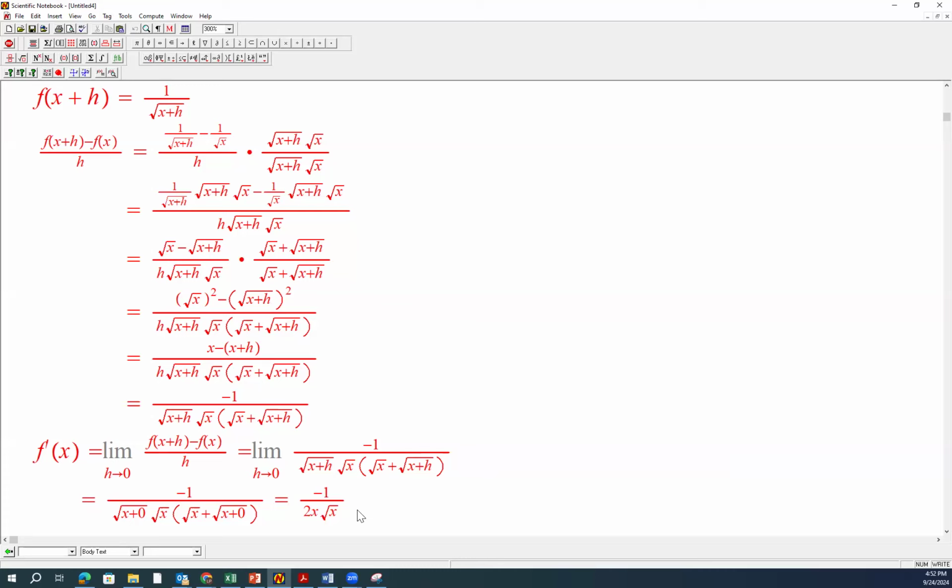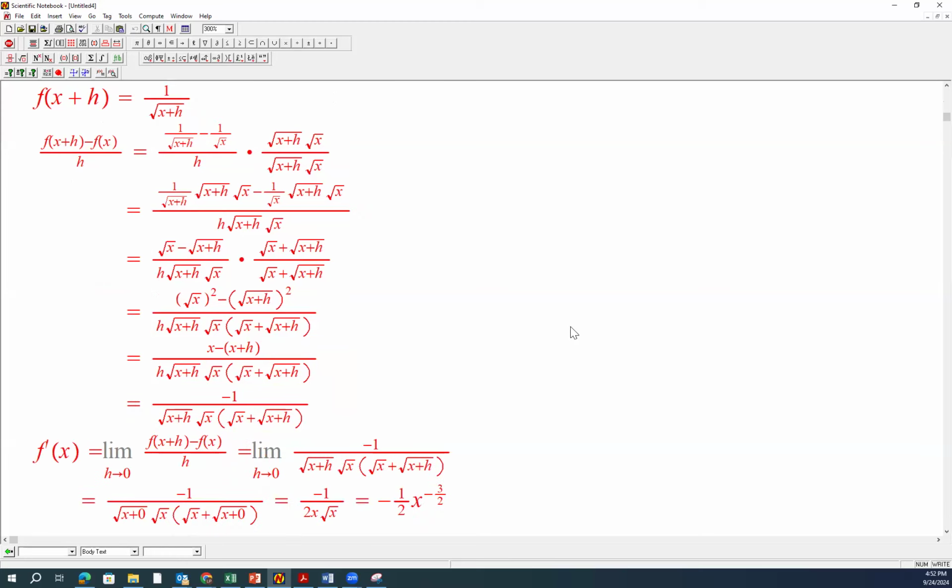And you're done. But if you like, you can write it as negative 1/2 times x raised to the power of negative 3/2.